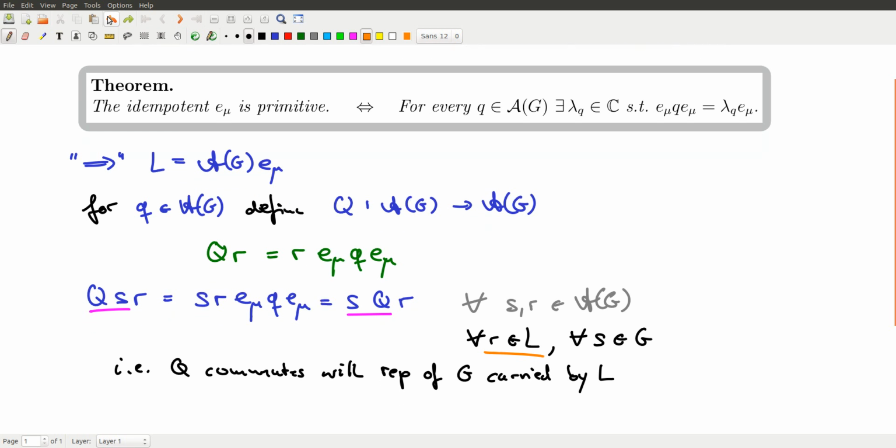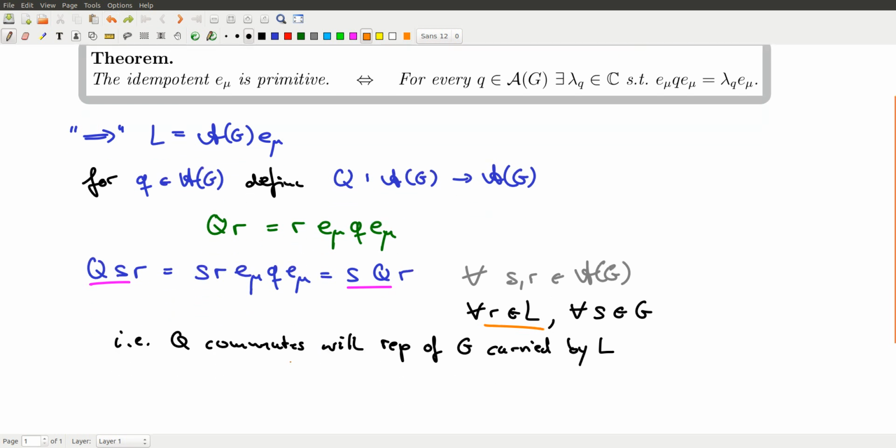Okay, now let's use that E mu is primitive. We want to prove this here from the left to the right. So if E mu is primitive, that's the same as saying that L is minimal. And minimal L means it's an irreducible invariant subspace, so this representation here is really an irrep.